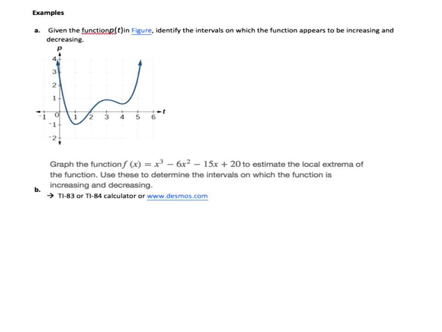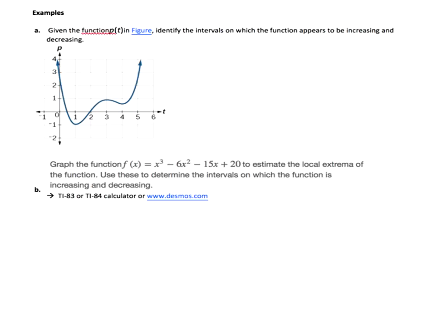All right, so given this function, P of t, so we have t as our input and p as our output value, identify the intervals on which the function appears to be increasing and decreasing. So the first thing I'm going to do, even if I'm a student in the class, I'm going to color code my increasing and my decreasing intervals.